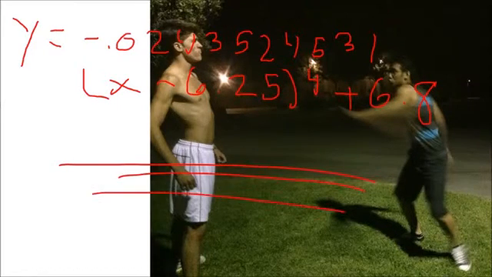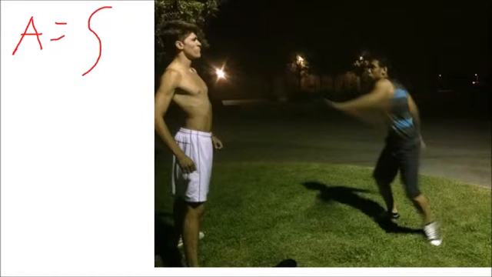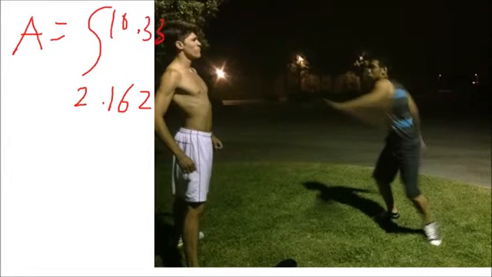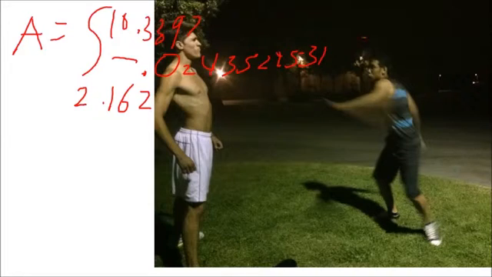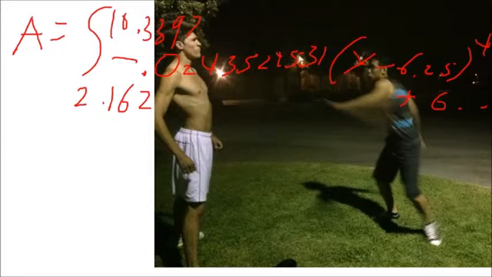That's it. Okay, to find the area, you do A equals the integral with limits of integration from 2.162 to 10.3397, using the value from the previous equation, negative 0.024352451 times the quantity of x minus 6.25 to the fourth degree plus 6.8.